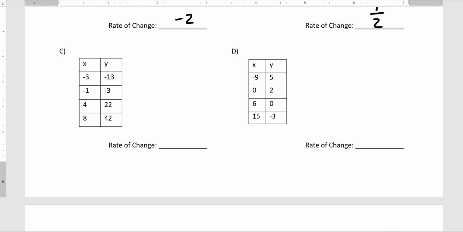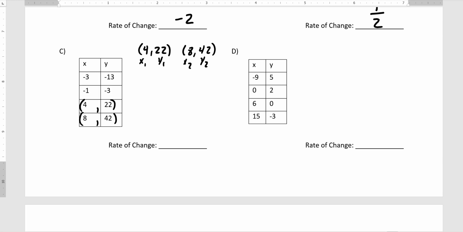Let's check how we did for C and D. Now, you might have selected different points than me, and that is okay. For C or D, you could select any of these points to find the slope, and that's what I'm going to show you. For letter C, I'm going to use points (4, 22) and (8, 42), simply because I like how these numbers are going to work out. So we have x1, y1, x2, y2.